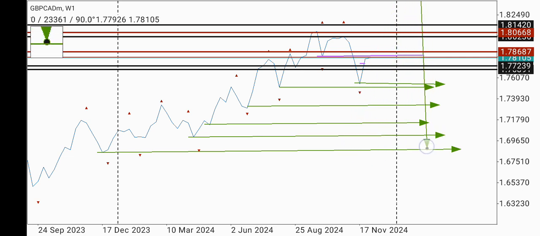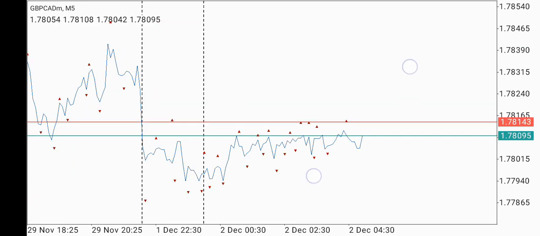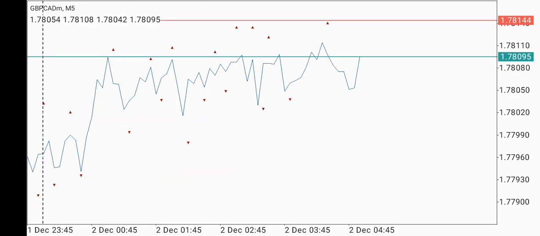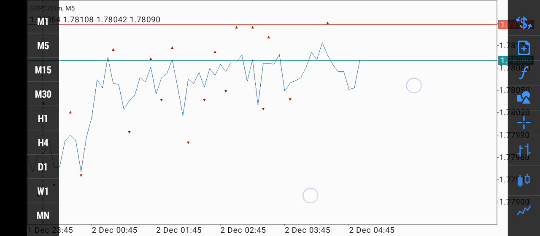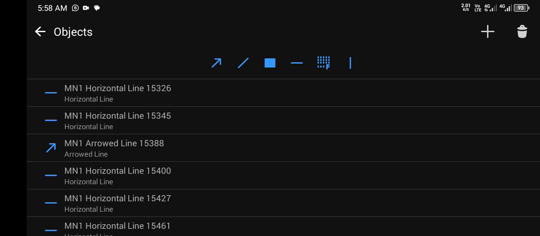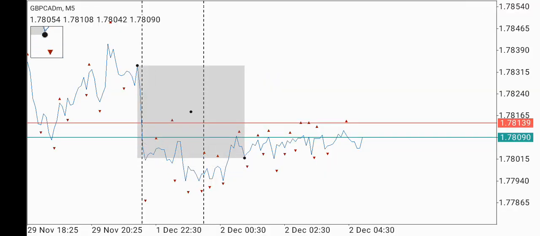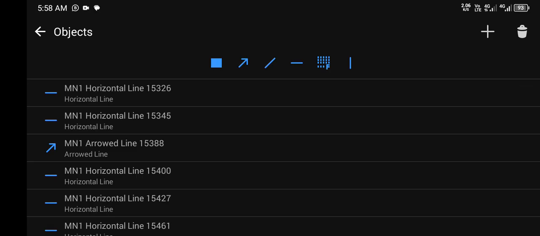So I'm still expecting you guys to review this, because if you go down to the lower time frame and see what price is doing, you see that there was a gap, price pushed down. There's a high momentum here this morning, which price broke structure here.